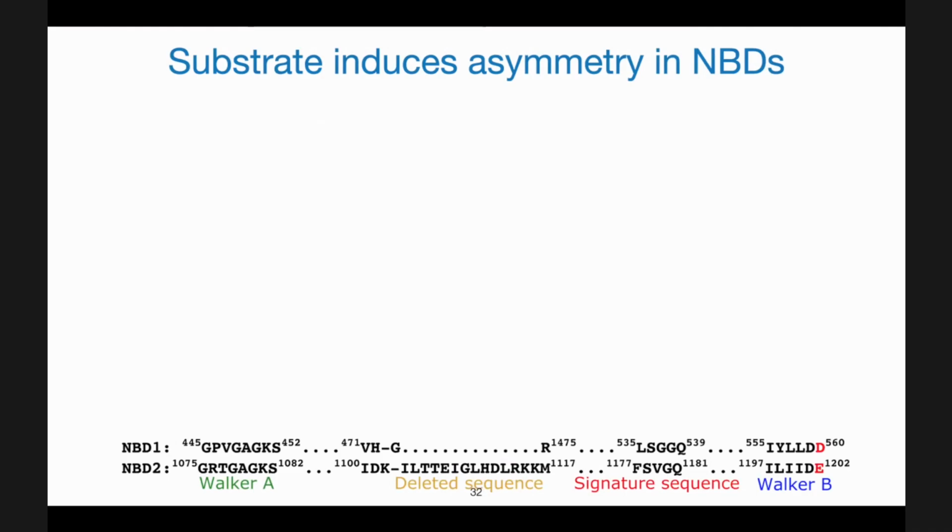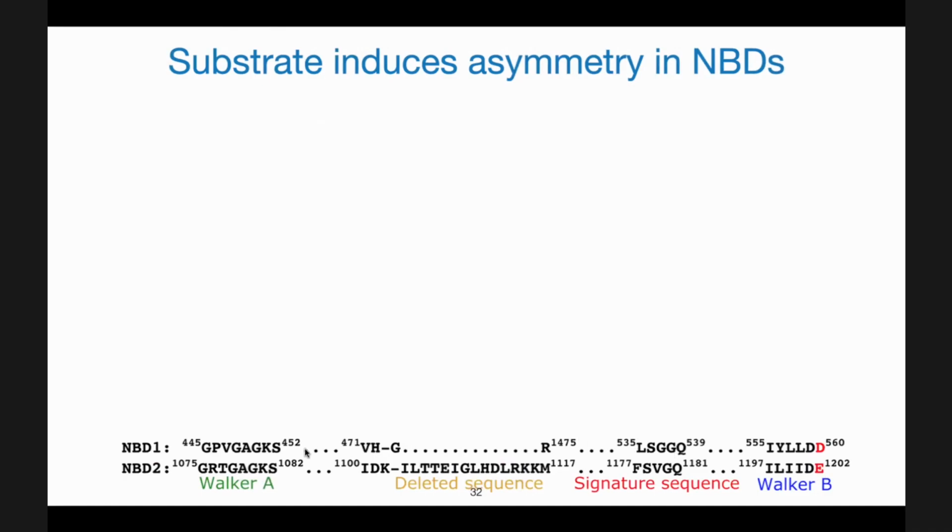Before I get into those conclusions, I also want to explain the sequences for NBD1 and NBD2, the major sequences like Walker A, Walker B, and the signature sequence. This is the E I was talking about, glutamate, which is very important for polarizing water for the ATP hydrolysis.